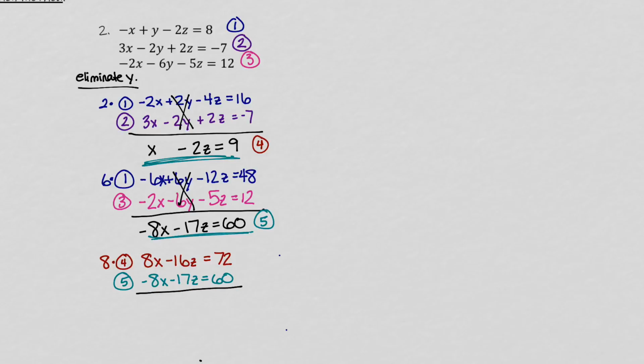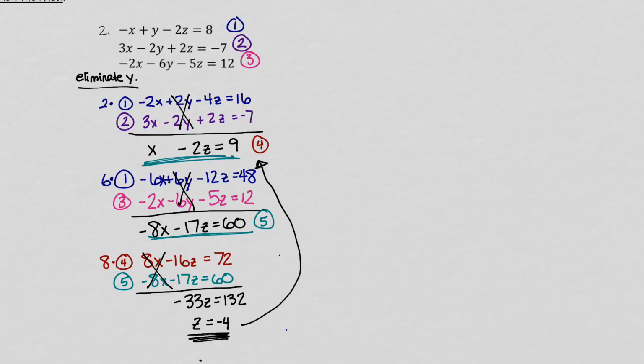If I add them up, x's were eliminated. I get negative 33z equals 132. Divide both sides by negative 33, and I get z is negative 4. So there's the first variable. We take this variable and plug it into either equation 4 or 5.